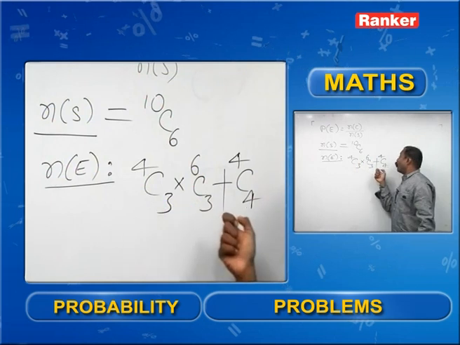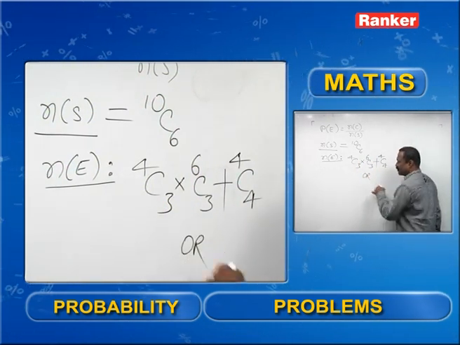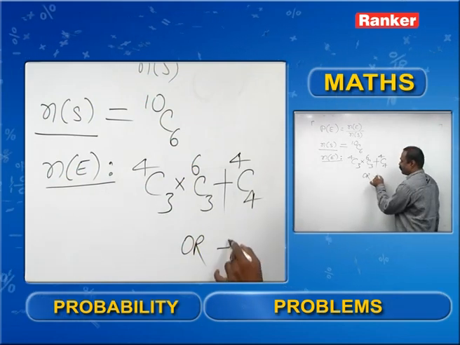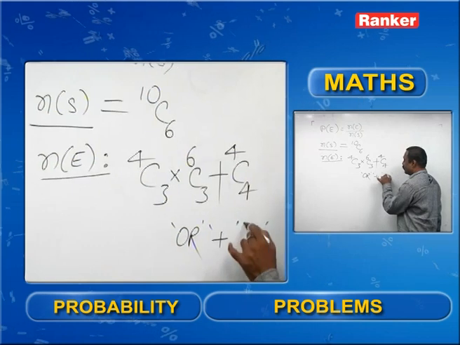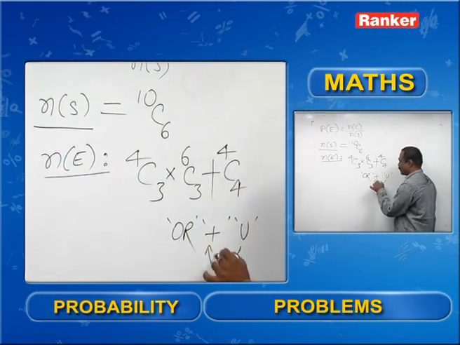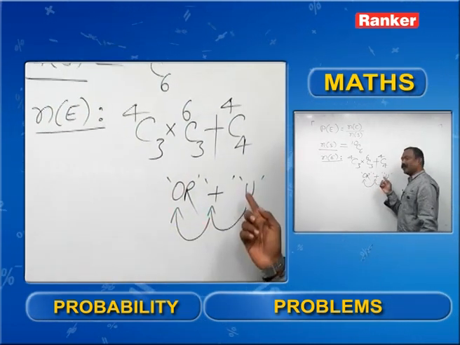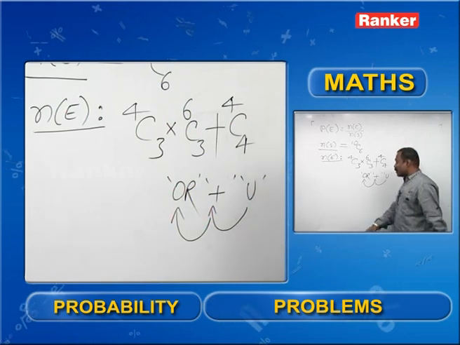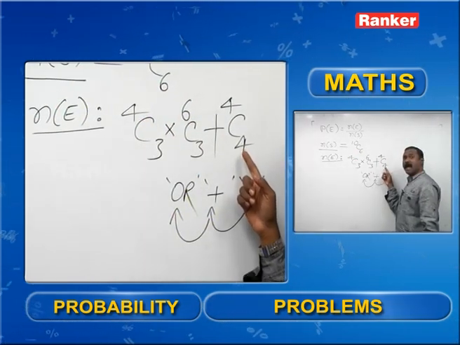Either this happened or this may happen. That's what I've been telling you from the beginning itself. Or stands for plus. This plus, we have seen, is nothing but union, the addition theorem. So instead of union, you can write plus. Plus or union are one and the same. So this may happen or this may happen.